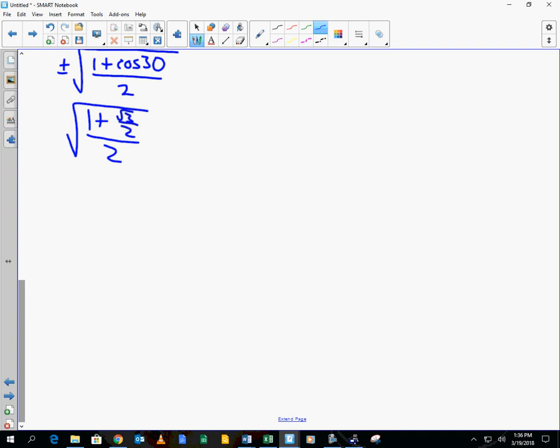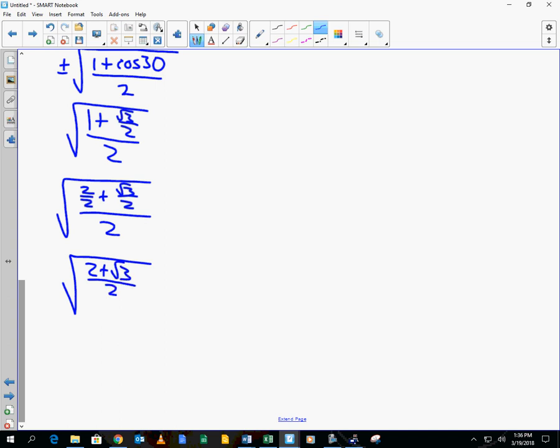Okay, here we go. Let's simplify this complex fraction. We got the square root of 2 over 2 plus the root of 3 over 2 all over 2. So I get square root of 2 plus the root of 3 over 2 over 2 over 1, right? So now what?